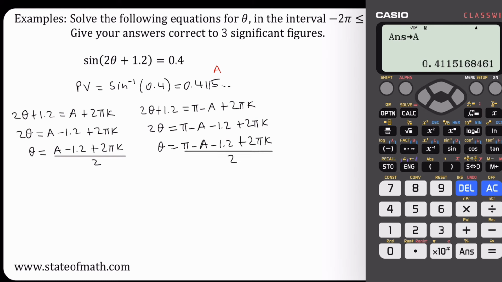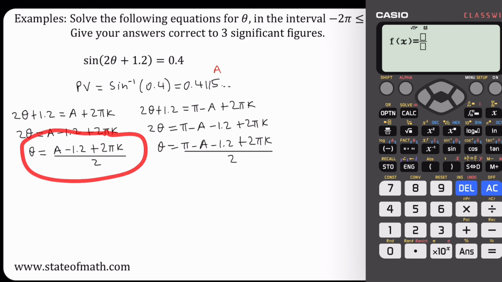Now going back to the calculator, I press menu, it's option 9, the table, and for f of x, I will put exactly what I have here on the left hand side. So it's going to be (A - 1.2 + 2 pi x) all divided by 2.